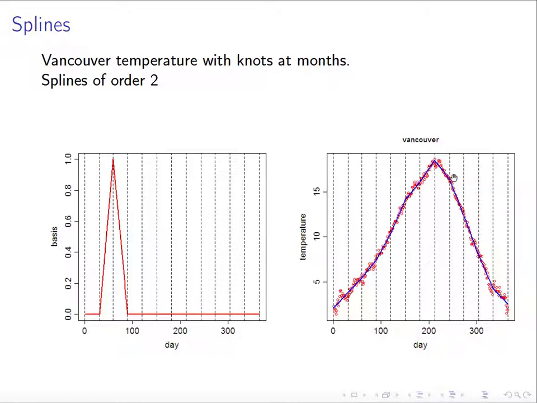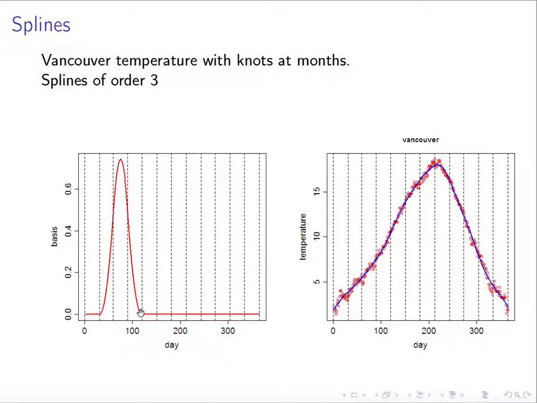Now let's look at order 3 B-splines with these 13 knots. The left panel shows one order 3 B-spline basis function, which is nonzero over 3 segments.